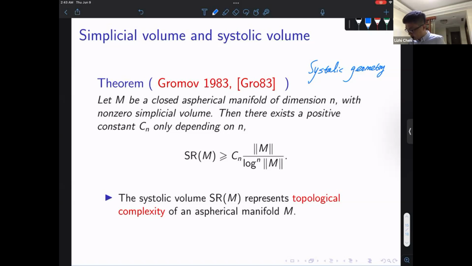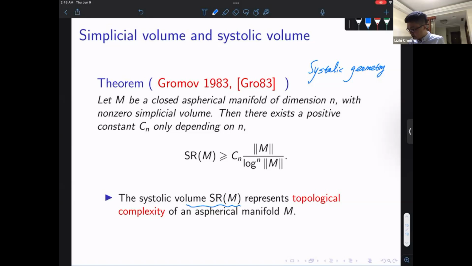This theorem, and some related results, tell us that the systolic volume defined above can be a representation of the topological complexity of the manifold. Here we have an initial question: can we find more connections between systolic volume and other topological invariants?